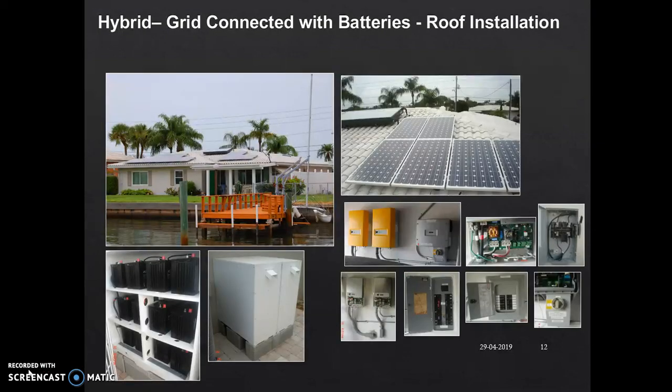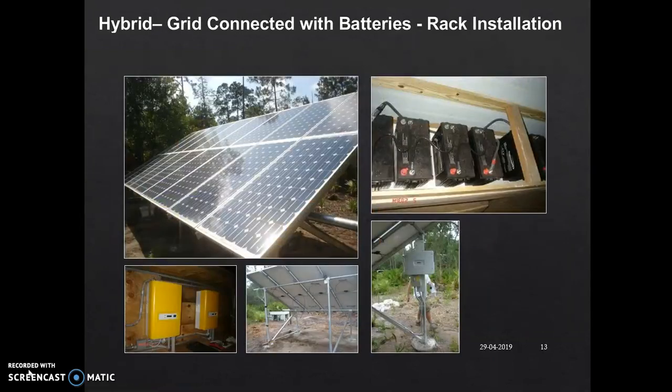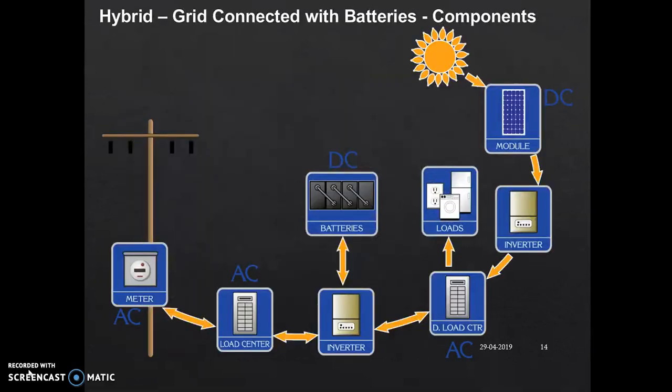Here is the hybrid grid connected system installed on our roof, and this is a rack installation on the ground. In the hybrid grid connected system, from the module we get electrical energy which is converted to AC with the help of an inverter, and through the AC load centers we can feed it to drive the AC loads.